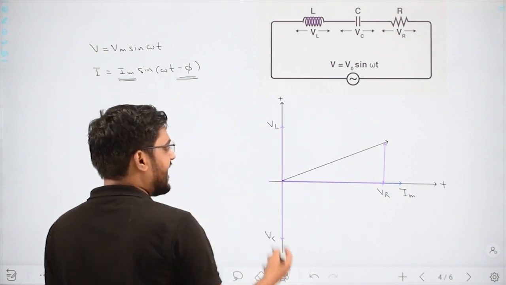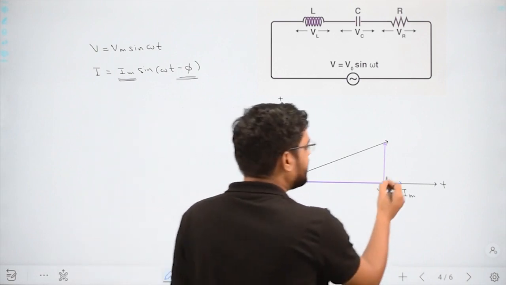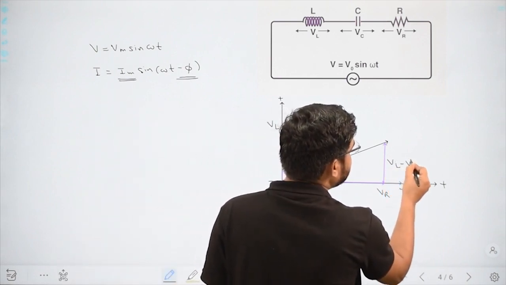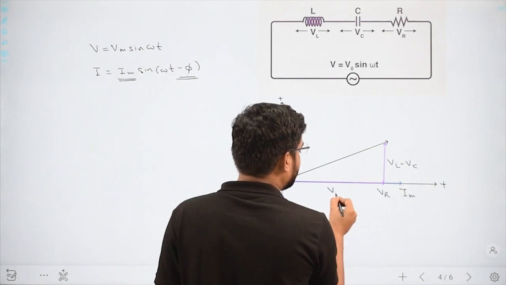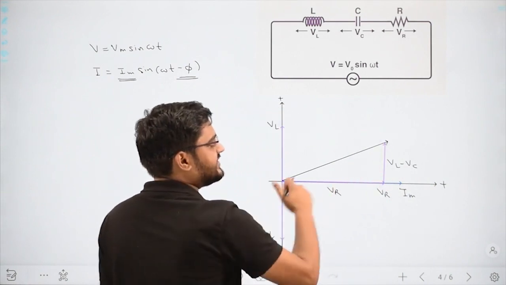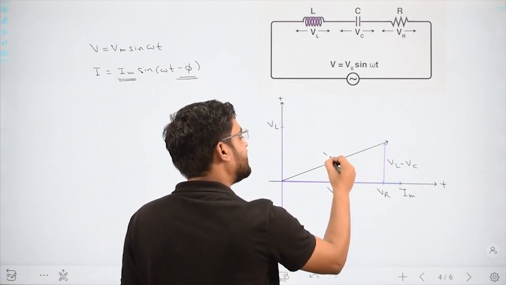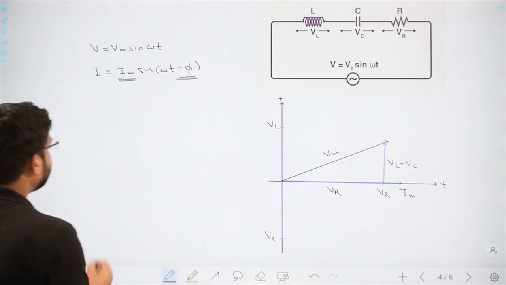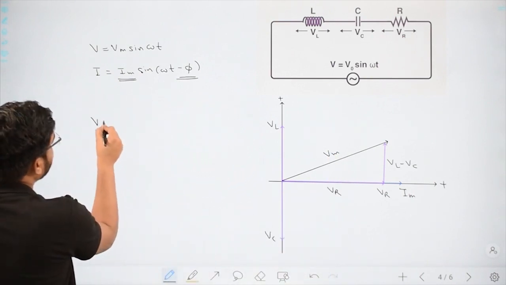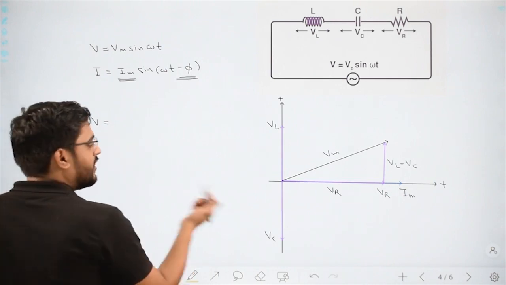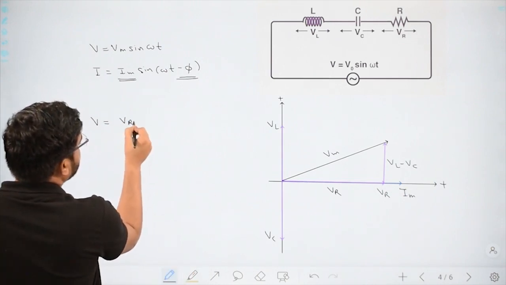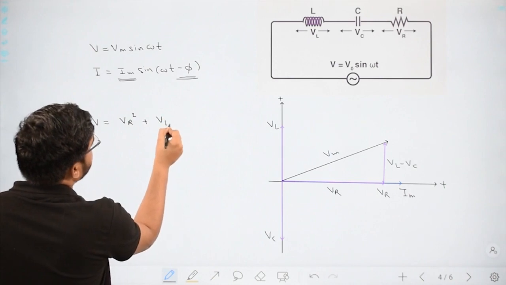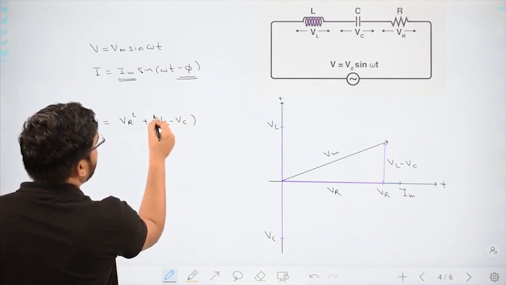The phasor addition of both of them is my net V. So V is nothing but the square root of VR square plus VL minus VC whole square.